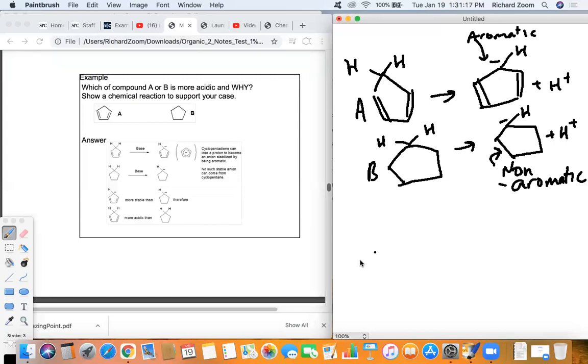So the hierarchy of stability here goes like this. Aromatic is the best, followed by non-aromatic, followed by anti-aromatic. That's the worst.